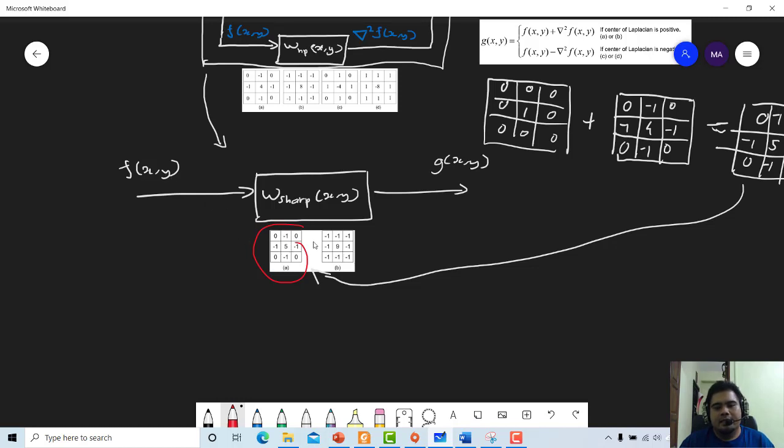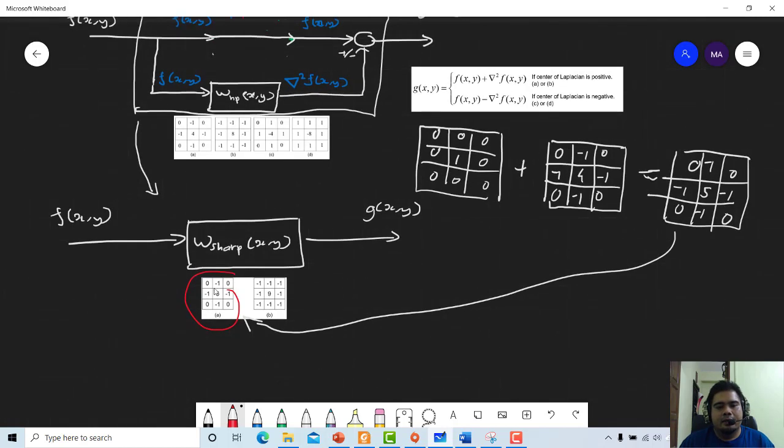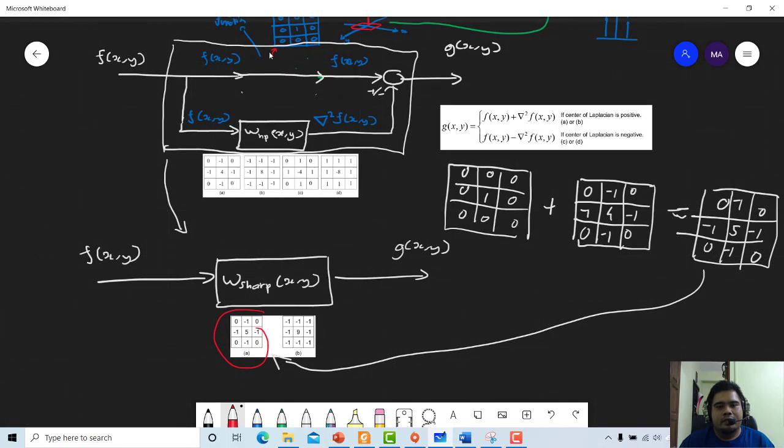This kernel represents both operations, the combination of the high pass filter and the all pass filter, mixed together inside the same kernel. The same goes for B. B comes from when you apply this one and add the all pass filter, so you get this one.